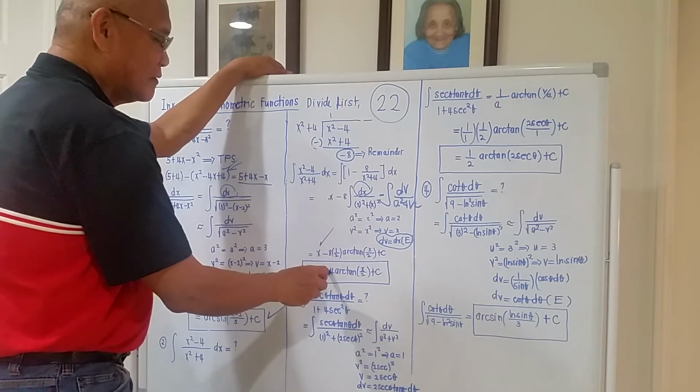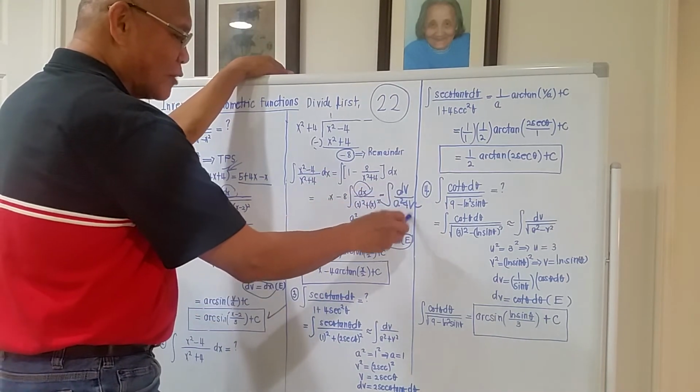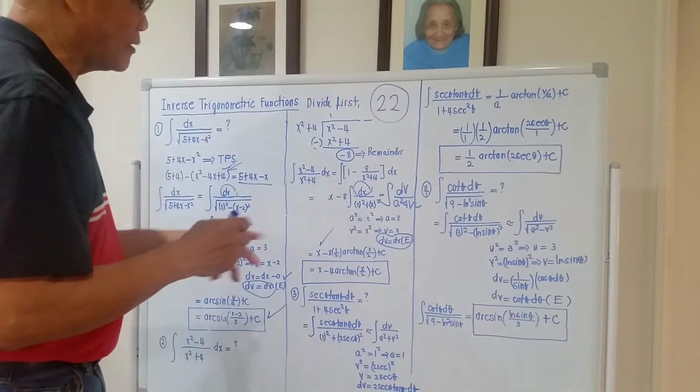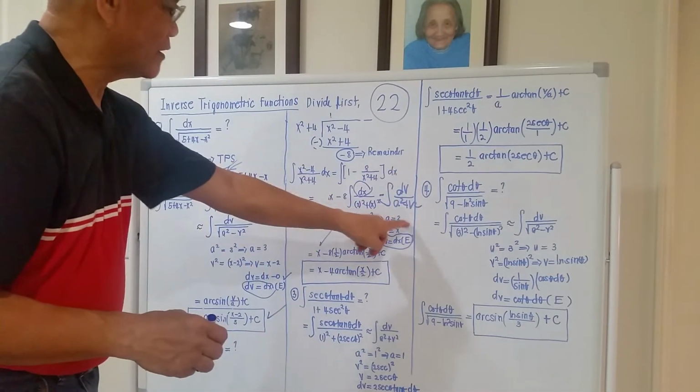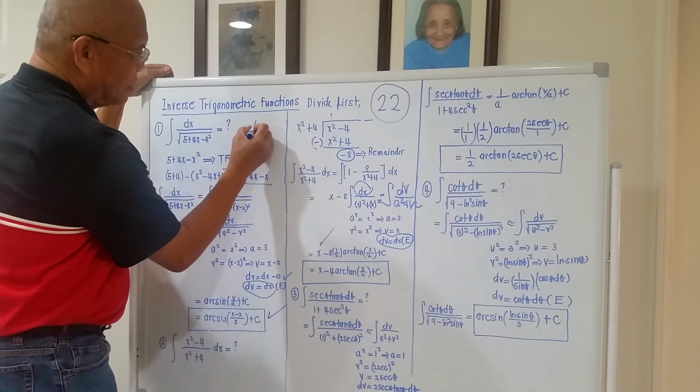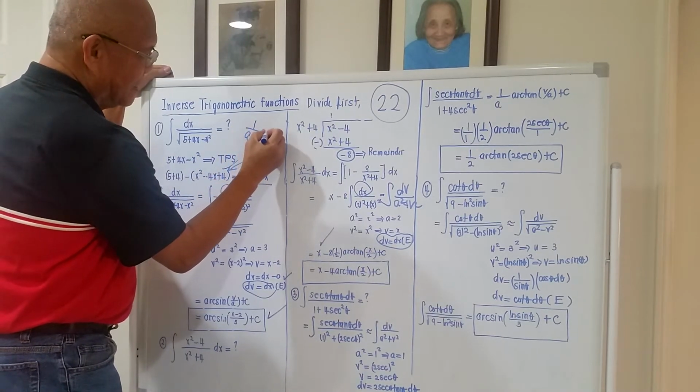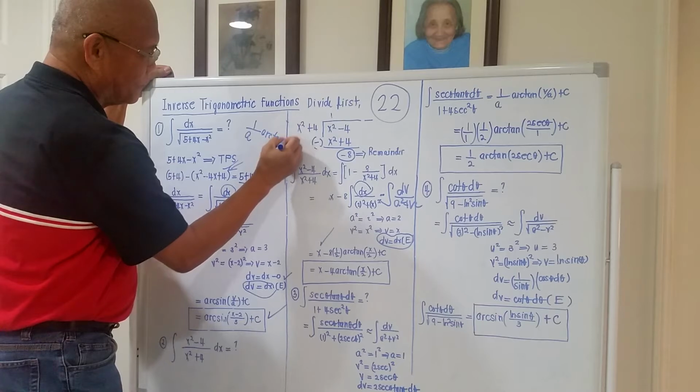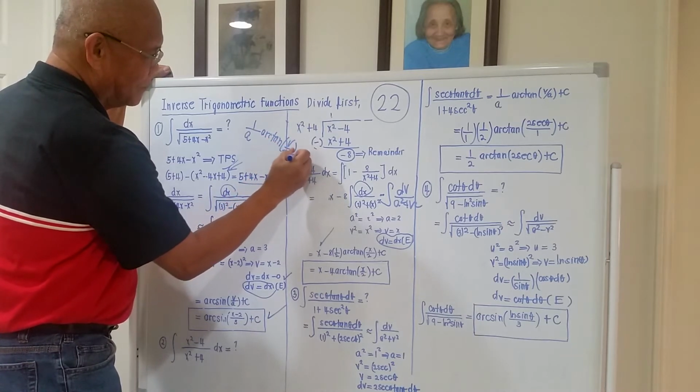Minus 8 times the integral of dv over a squared plus b squared. What is the formula for this? It is 1 over a arctangent of b over a plus c.